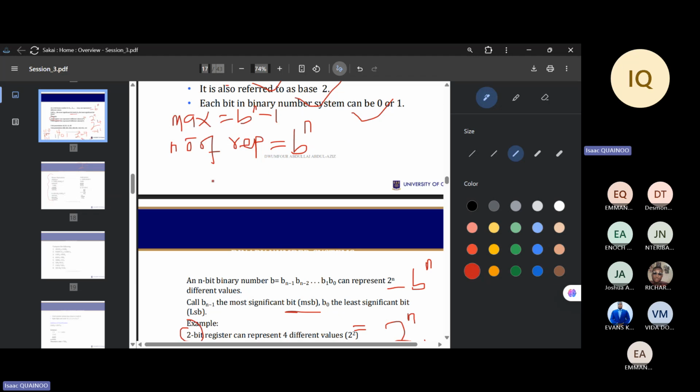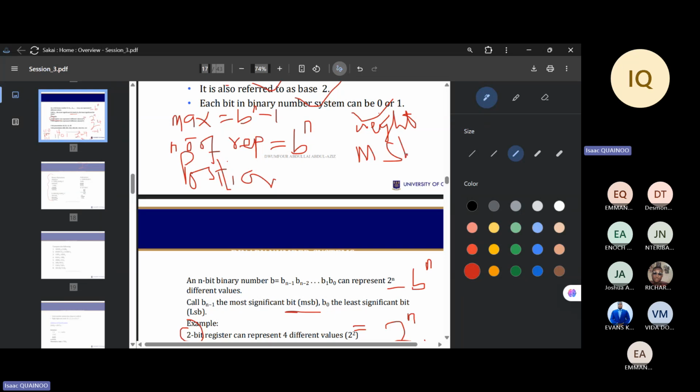And then you also look at what your position is, what your weight is in a number system. Okay, so position, we've also looked at the weights. And then we also looked at the most significant bit and the least significant bit.